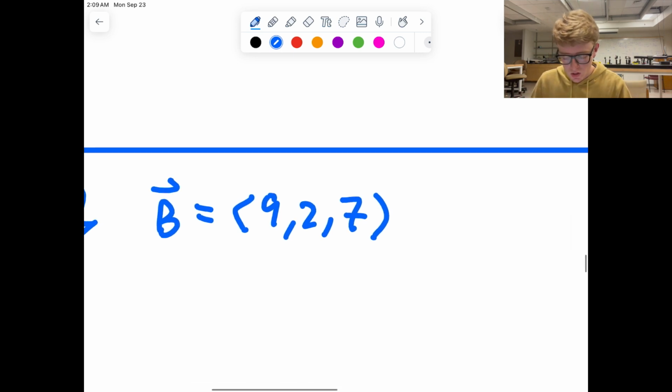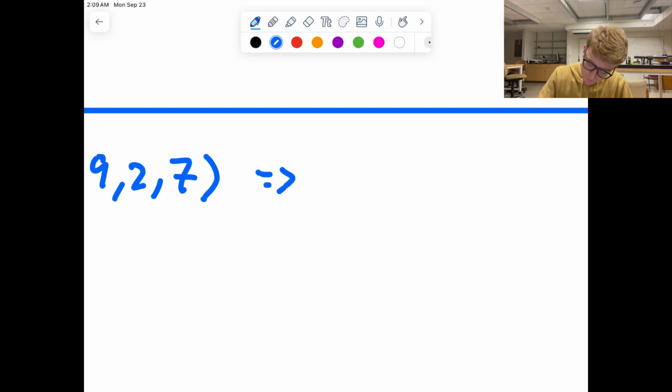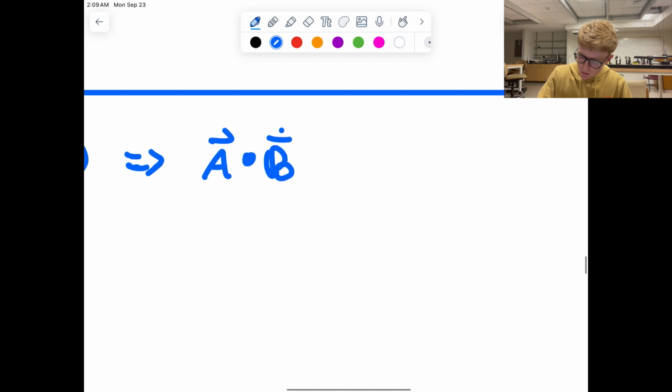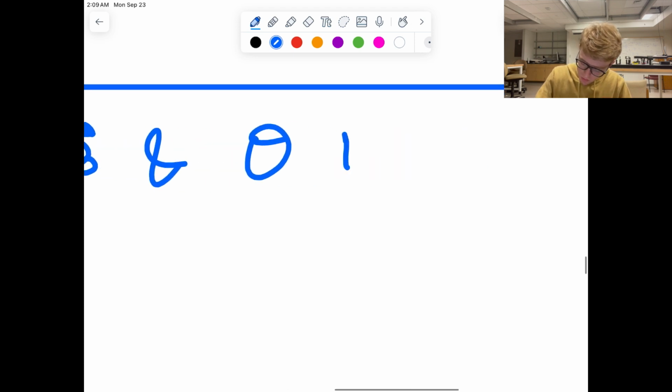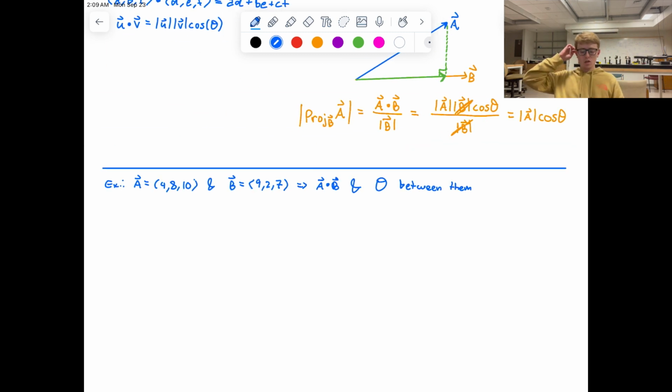Okay, so if that's the case, I want to find A dot B and theta between them. So that's my setup here, okay? I want to find A dot B, and I want to find the angle theta between these two vectors.